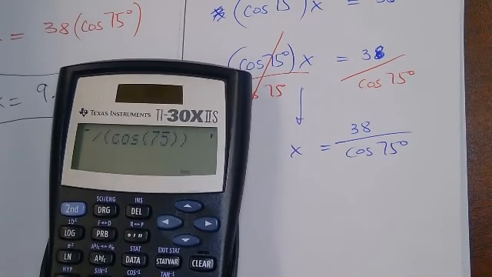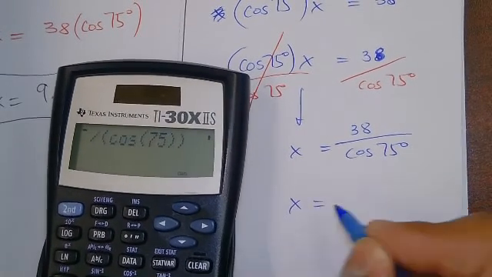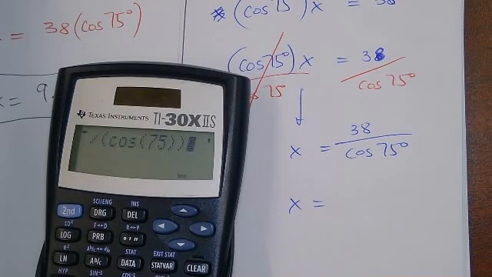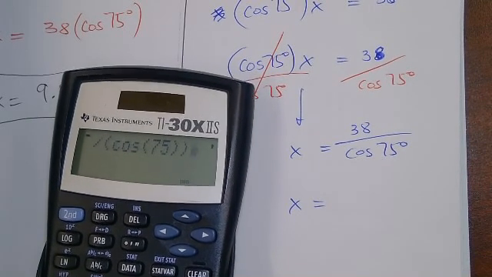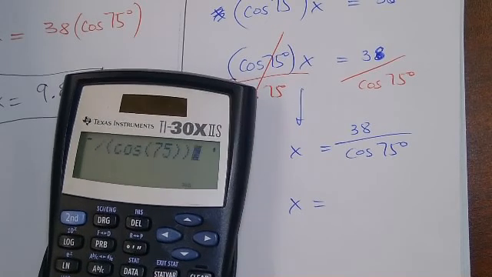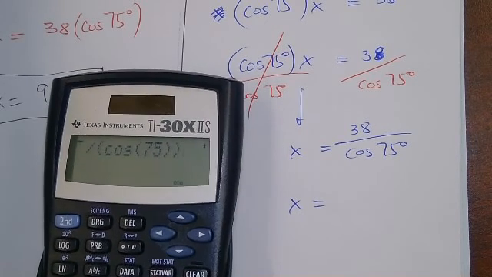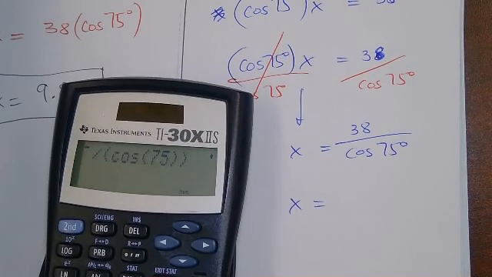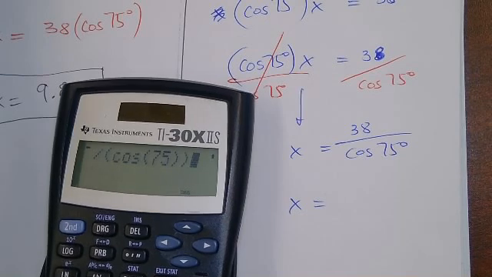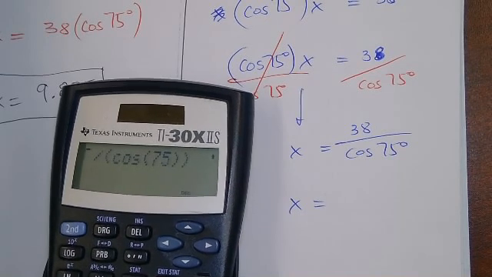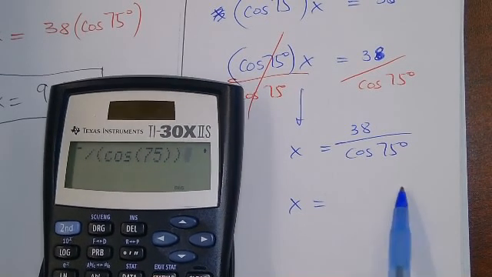38 divided by parentheses cosine 75, close. Anybody get it? Orlando, what'd you get? You didn't put it in the calculator? Brandon, did you get it? Go ahead, Alexa.